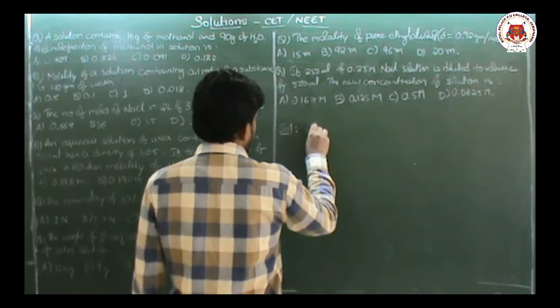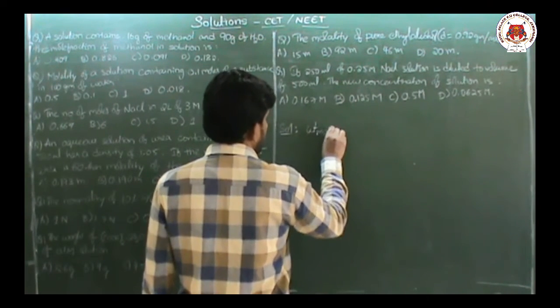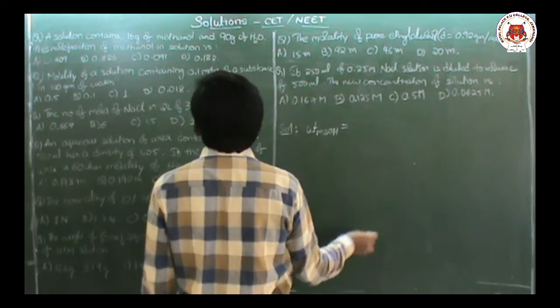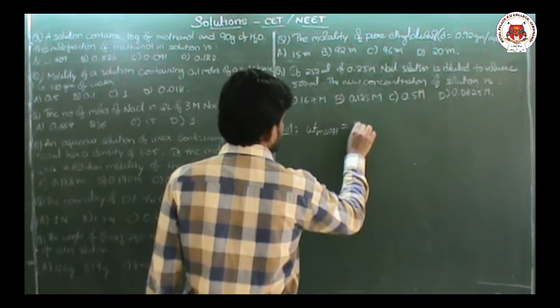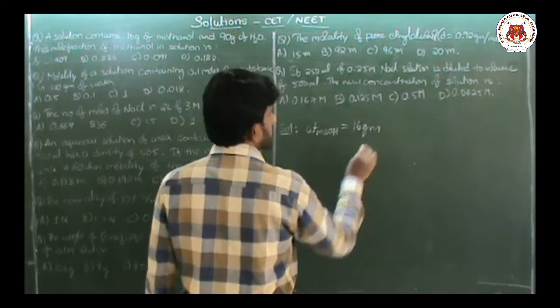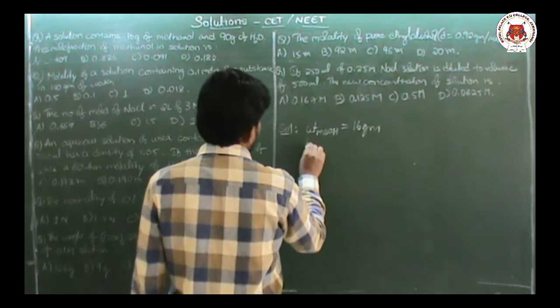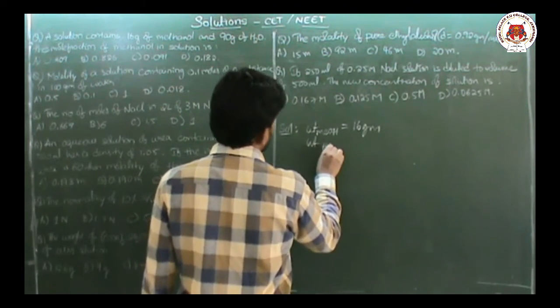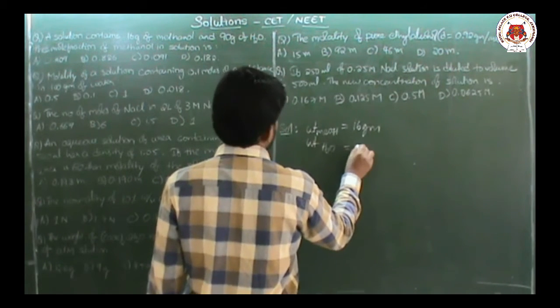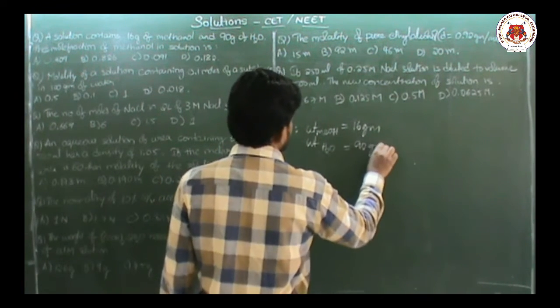Weight of methanol, I am writing MeOH, methyl alcohol, methanol is 16 grams. Weight of water, H2O, is 90 grams.